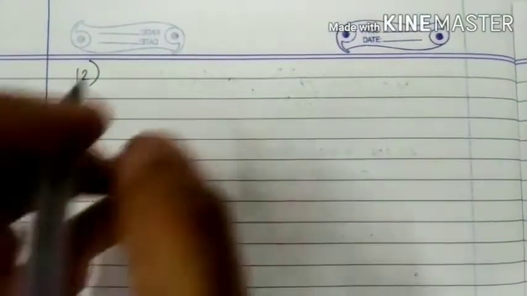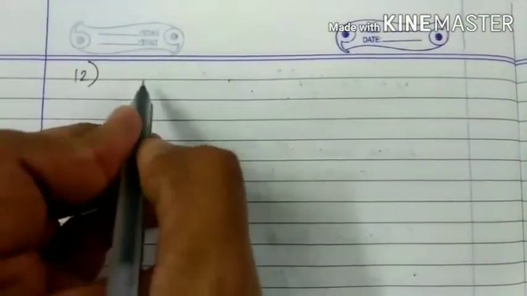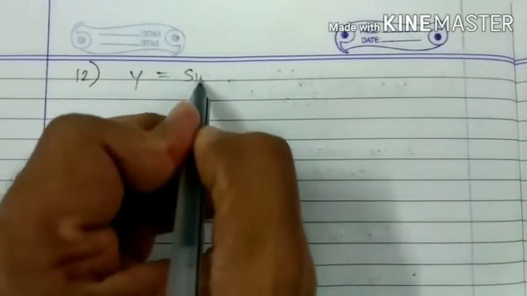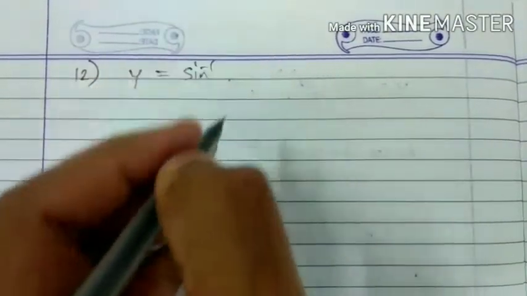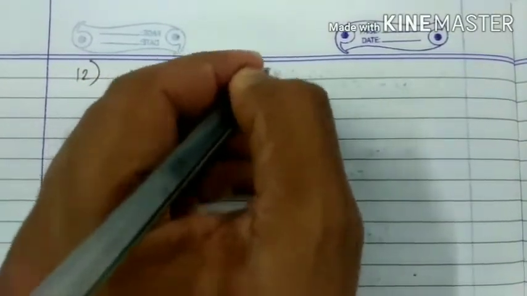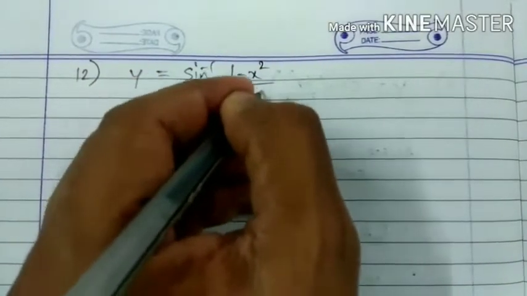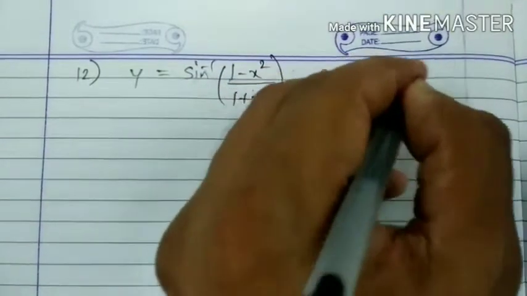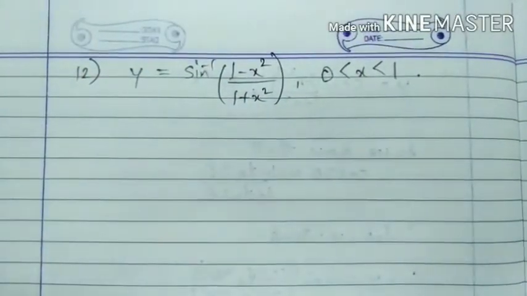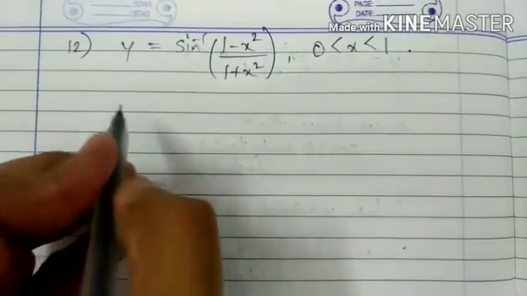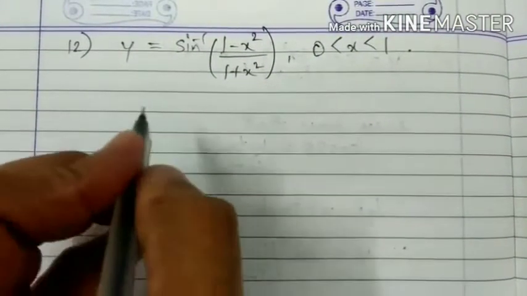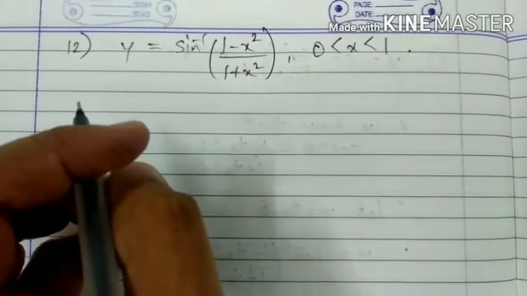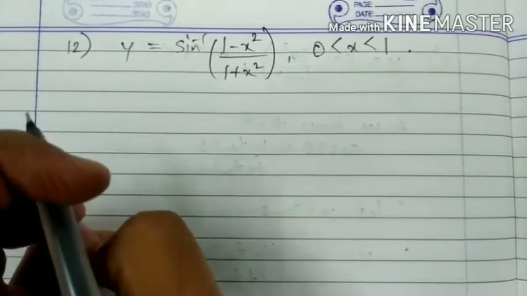In question 12, the given function is y equals sine inverse of (1 minus x square) upon (1 plus x square), and the given range is 0 less than x less than 1. Now in the previous question we used the formula cos 2 theta equals (1 minus tan square theta) upon (1 plus tan square theta).